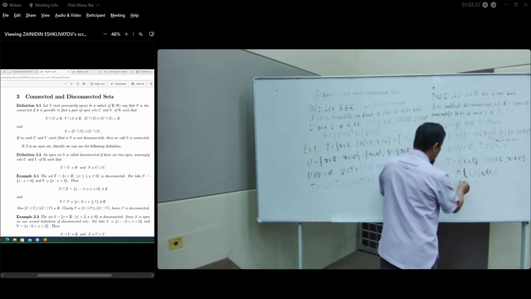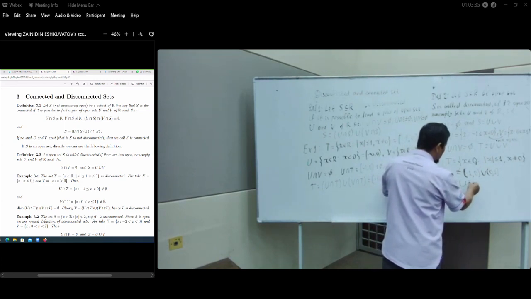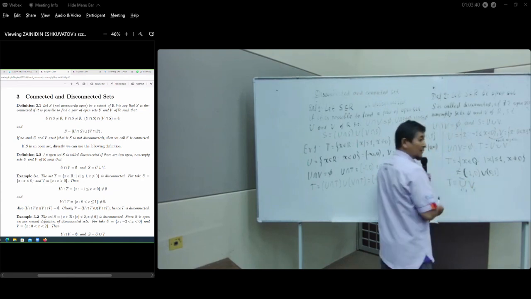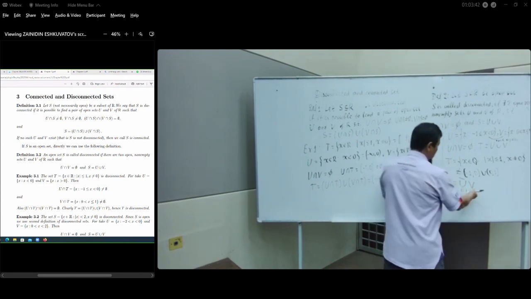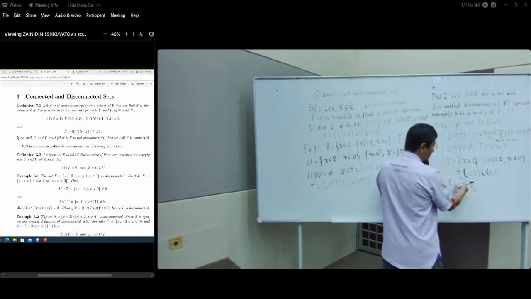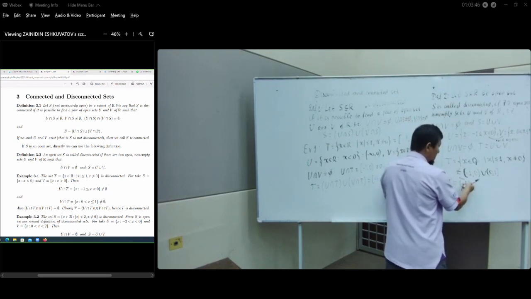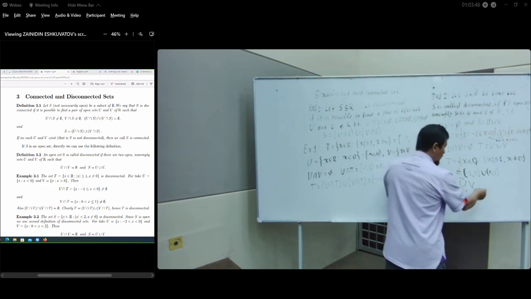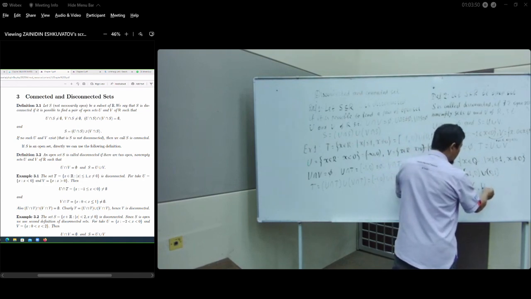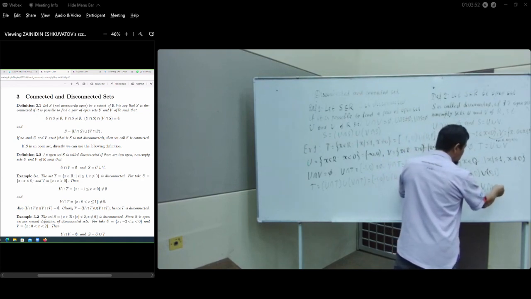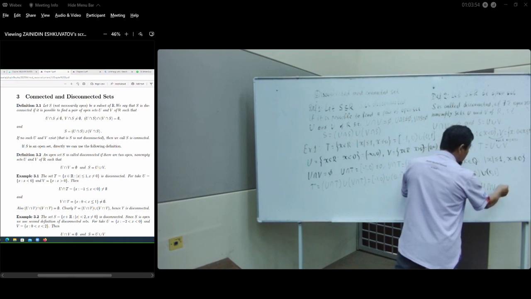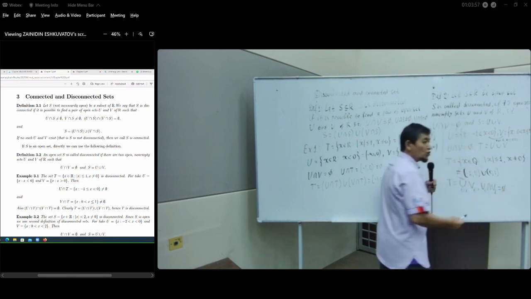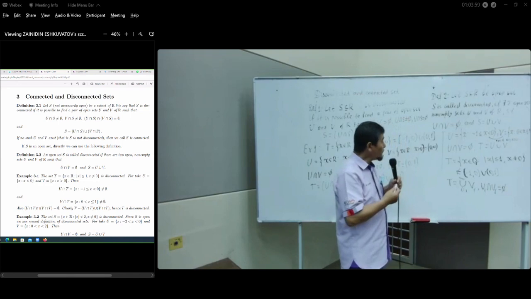T can be used as a union of, for example, Vi, i from 1 to infinity. We can write infinitely many open sets, the union of the open sets Vi, where the intersection of Vi and Vj is the empty set. Disjoint. We can construct infinitely many.